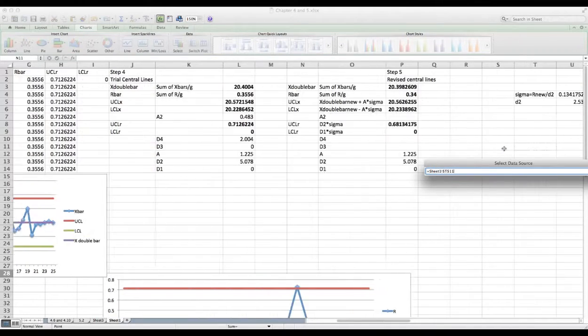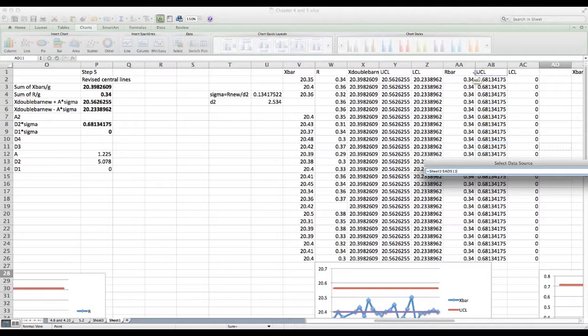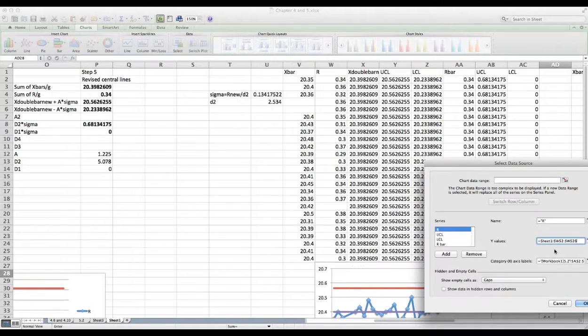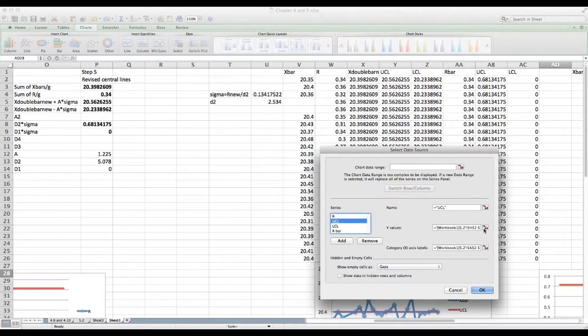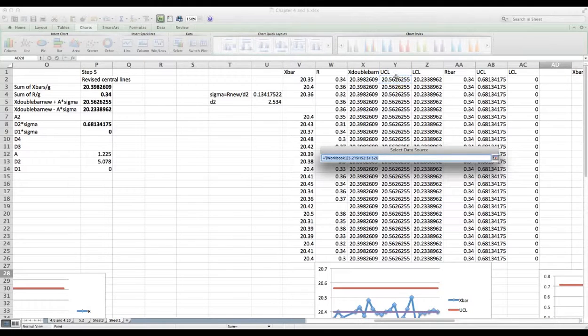Where did our revised R values go? Here they are. Okay. This is the revised actual data. We revised the upper control limit.